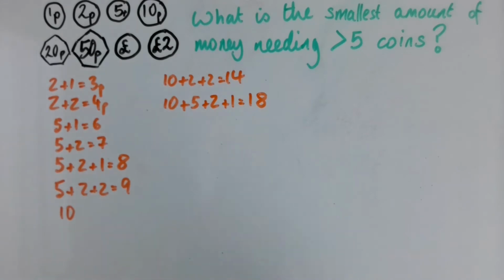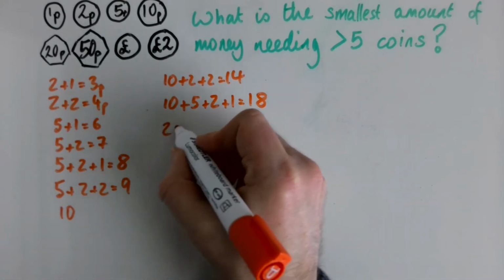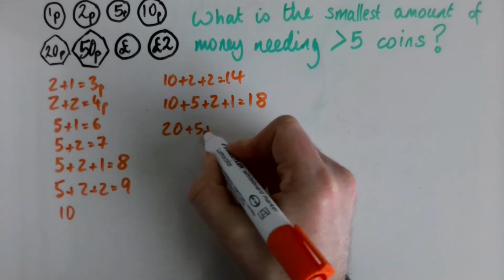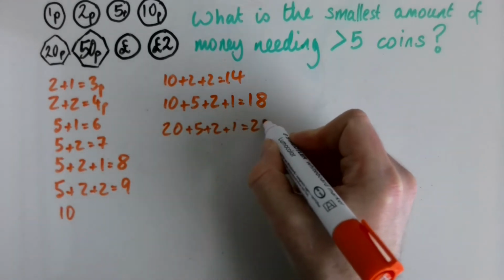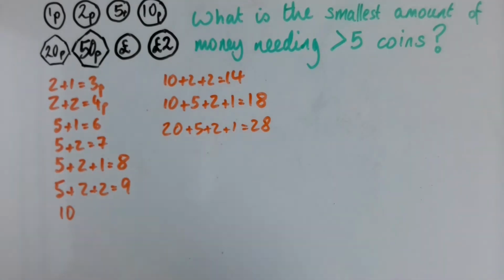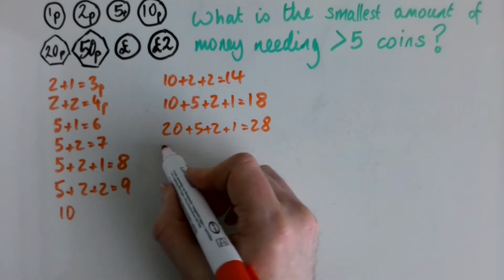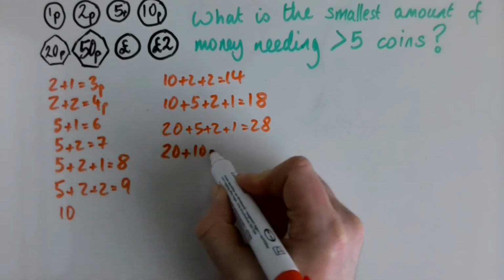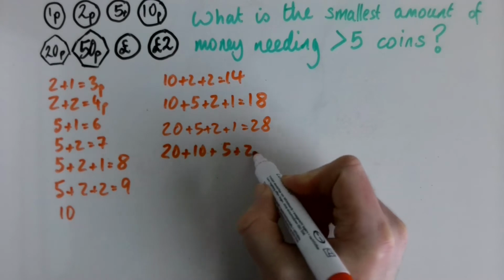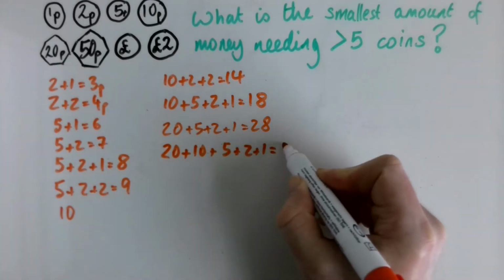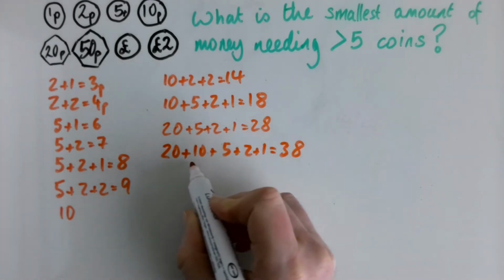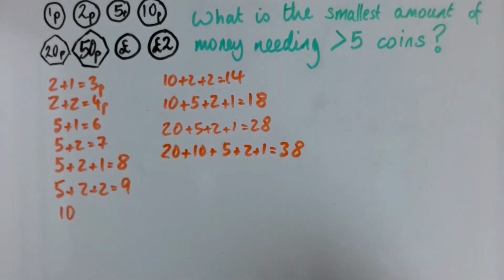That's interesting. So will it take 5 for 28 possibly? 20 pence plus 5 plus 2 plus 1. No, it's the same number of coins, because we can get just as close with 1 coin there. What about 38 though? Because there's no 30p coin. Well, you're going to have to add in 1 more coin to get your 30, but then it's still just 3 more to get your 8.